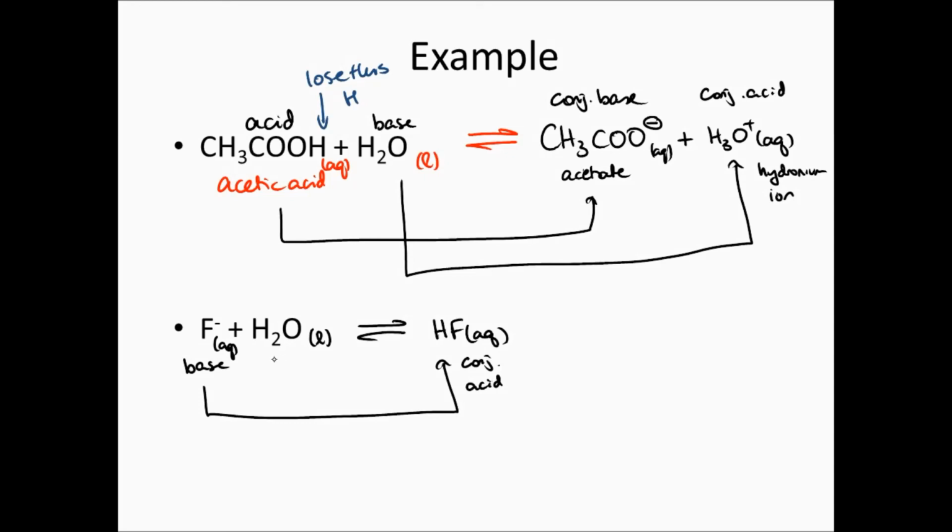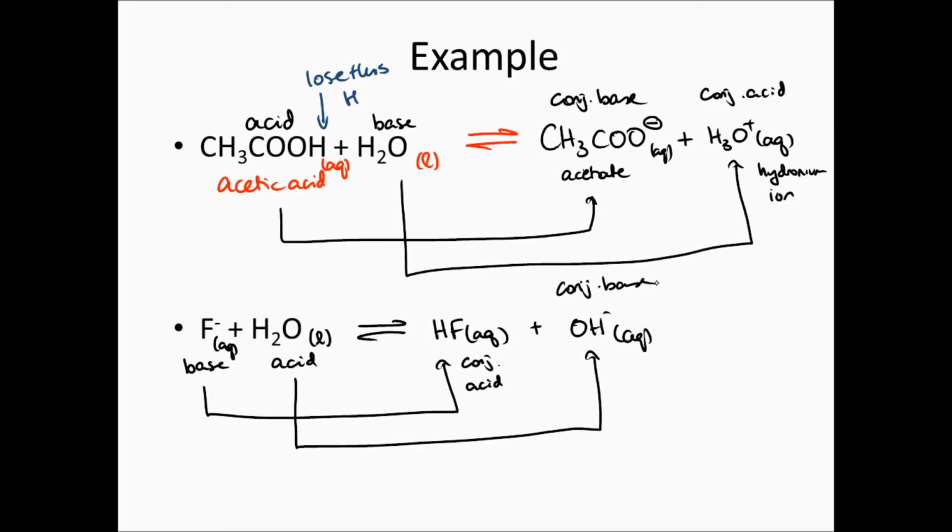Now in this case, where's this H coming from? The H actually comes from the water. So we form OH- in this reaction. The water loses a proton, so it is acting as an acid. And the conjugate base of water is the hydroxide ion.